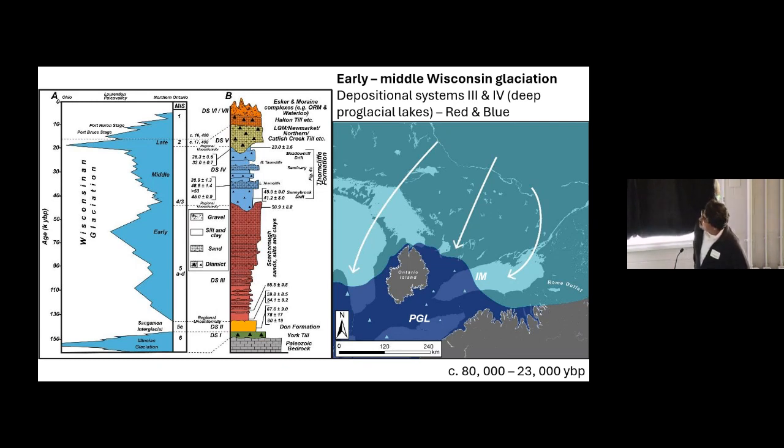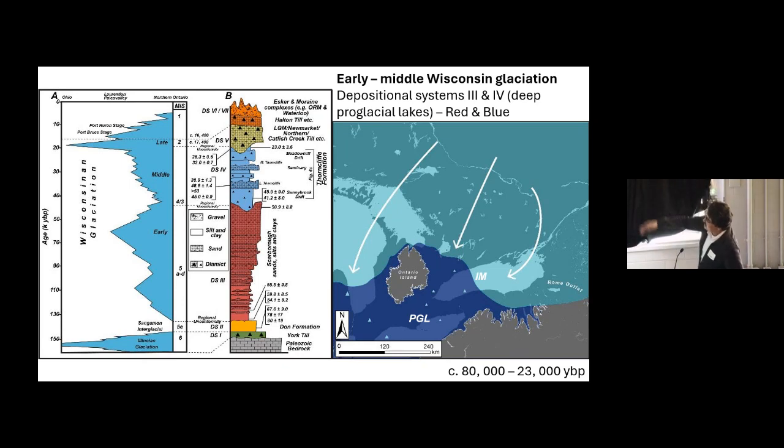The early Wisconsin is responsible for the deposition of depositional systems 3 and 4, in red and blue. In depositional system 3, we have ice distal glacial lacustrine fine grained facies, interbedded with finer silts as climate changes. In depositional system 4, we have coarser sands as the ice grew thicker and advanced further into southern Ontario.